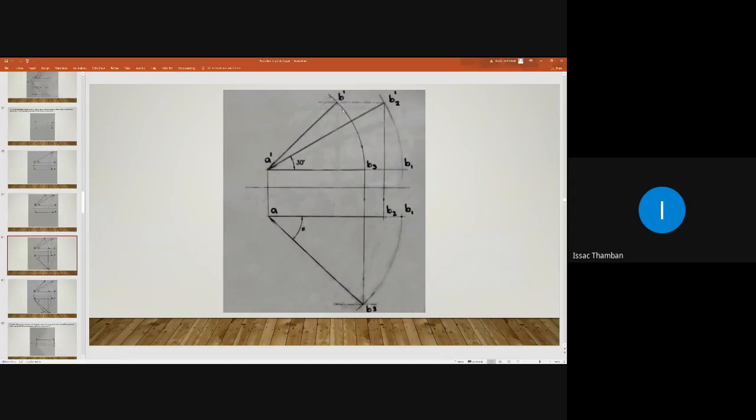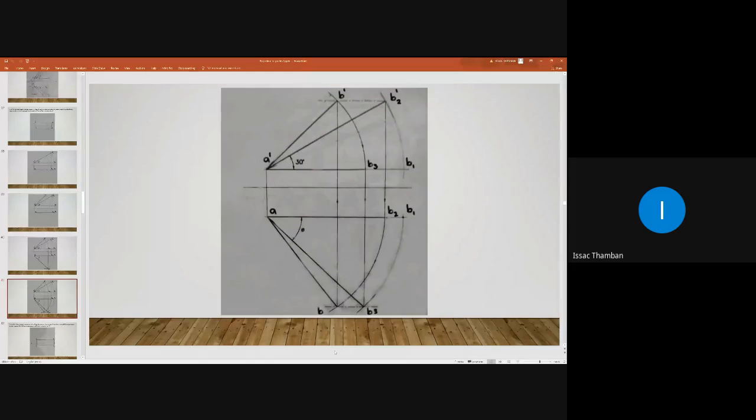If you are tilting the line with respect to VP, then end B will move along this plane. So draw the locus line. Then what next? From point B dash, you are erecting a vertical projector and intersecting the locus plane here.